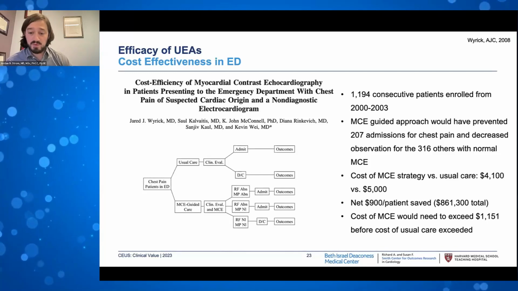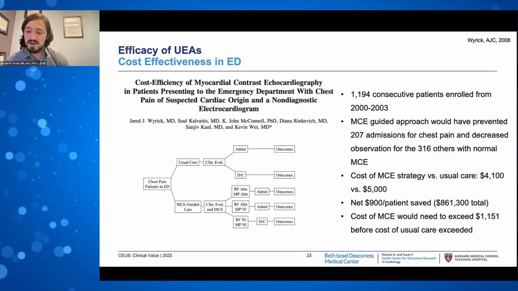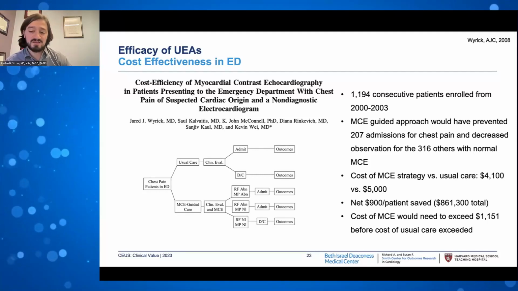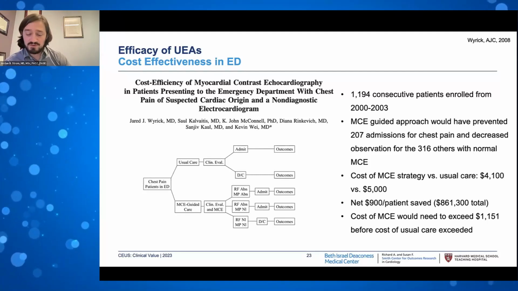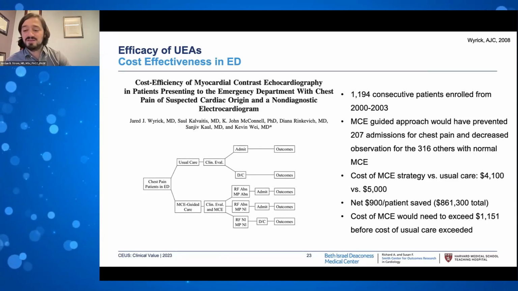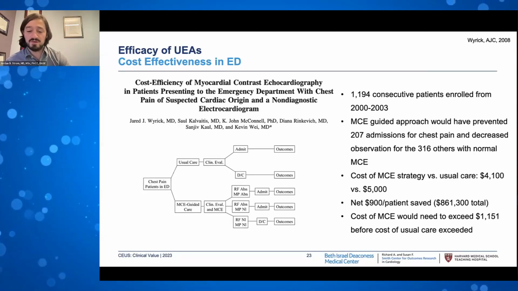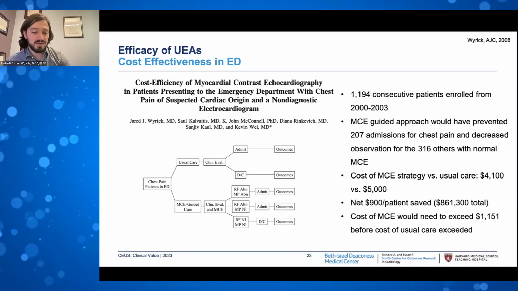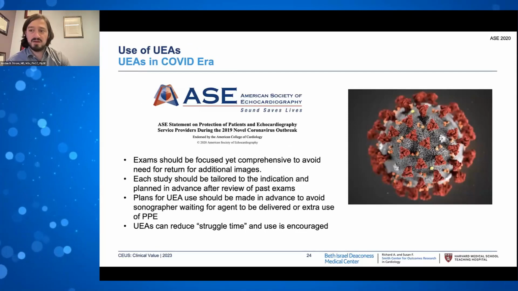The cost was less compared to usual care. And in net, there was about $900 per patient saved, about $861,000 overall. So the cost, they concluded, of myocardial contrast imaging would need to exceed $1,151 before the cost of usual care was exceeded. And so, this really is a very good and cost-effective technology.